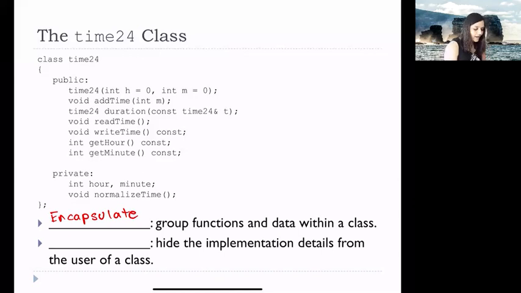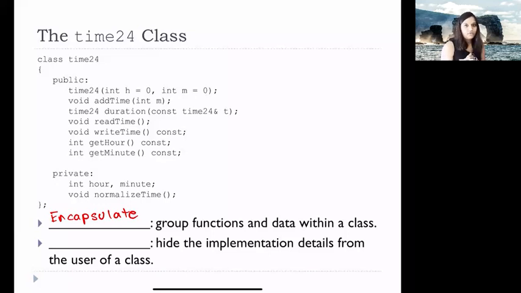What is the concept of hiding the implementation details from the user of a class called? We have details about what is public, what is private, what is protected, and how these things can be used. The end user of the program doesn't need to be aware of the in-depth details.